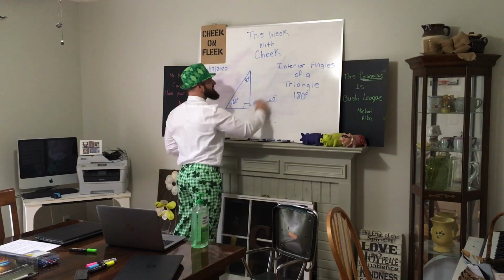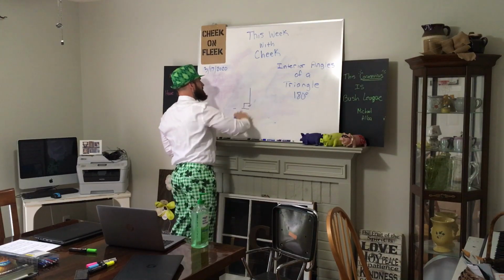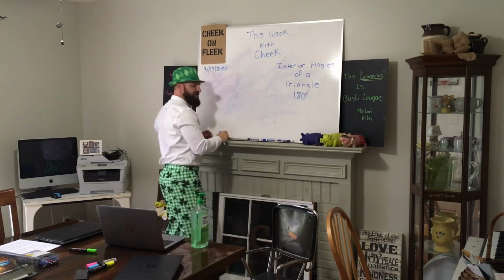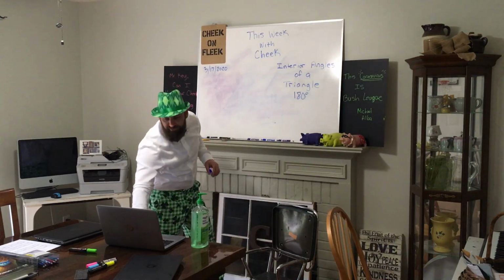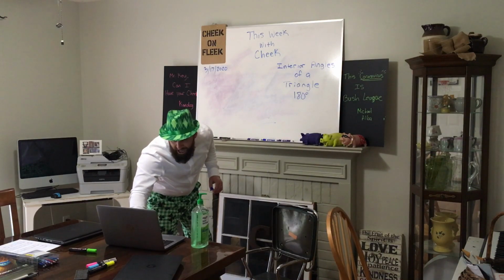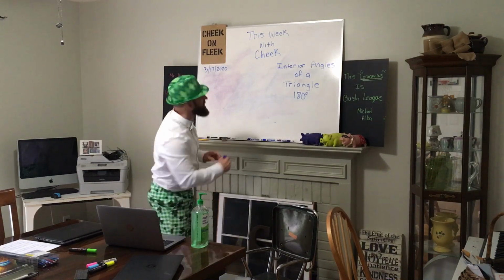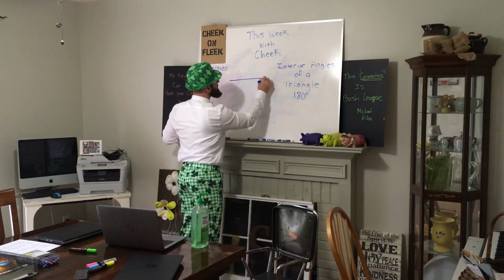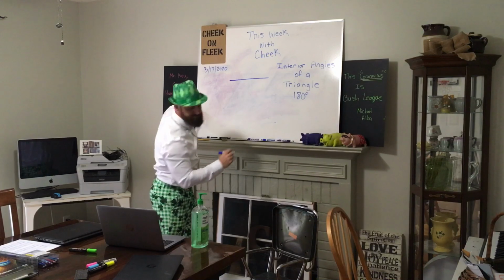Now, let's take a look at an example where the missing angles are being represented by an expression instead of an actual numeric angle measure. So, I'm going to take a look at this triangle here.